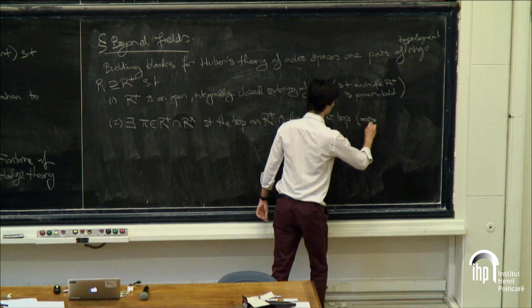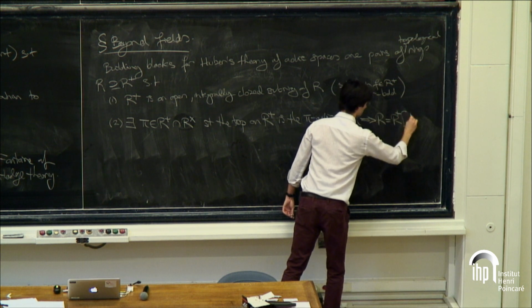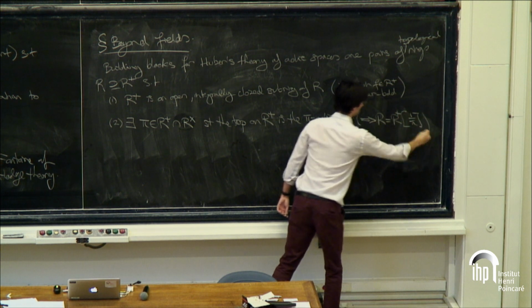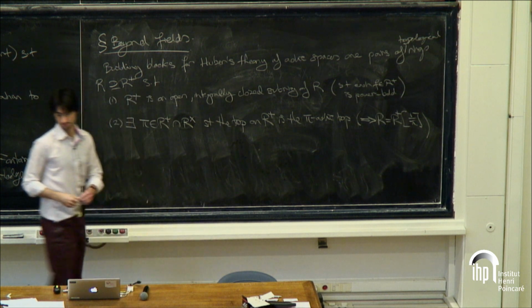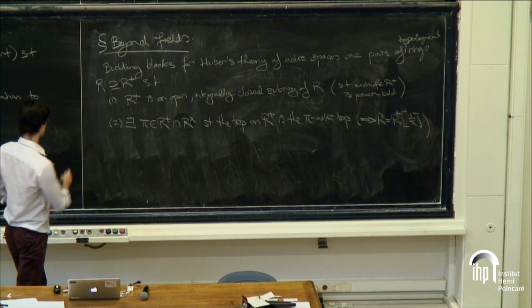I think combined with the other hypotheses, that's going to force the ambient ring to be R plus 1 over pi. So these are the sorts of pairs that I'm interested in. So these are the building blocks of Huber's theory of adic spaces.